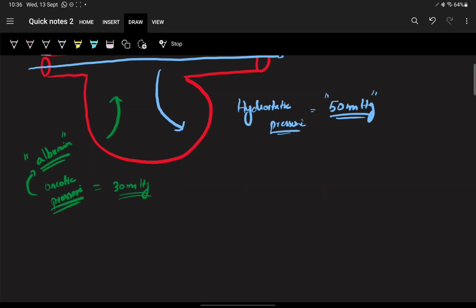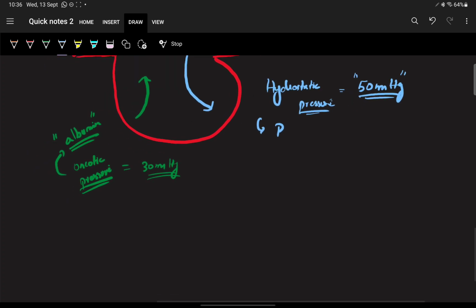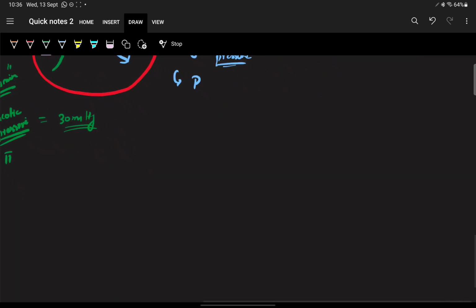We will denote the hydrostatic pressure by P, whereas we denote the oncotic pressure by pi. Since it is capillaries, we will write hydrostatic pressure in glomerular capillaries minus oncotic pressure in glomerular capillaries equals net filtration pressure in the glomerular capillaries.